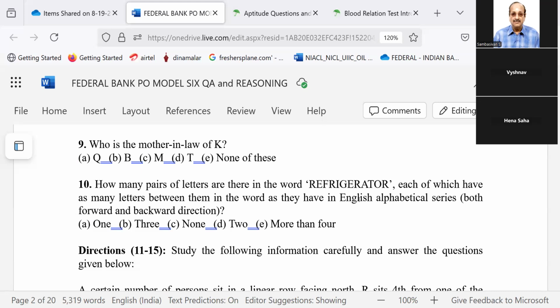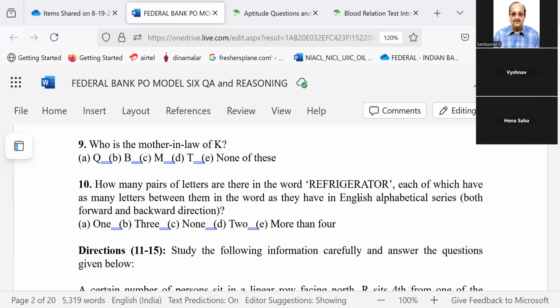Sir, option 2, option D. No, wrong. And now, Vaishnav, you tell me. Sir, option E, more than 4. Correct.